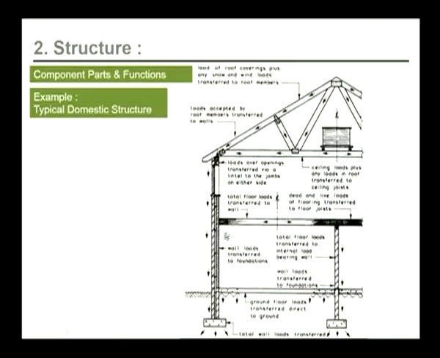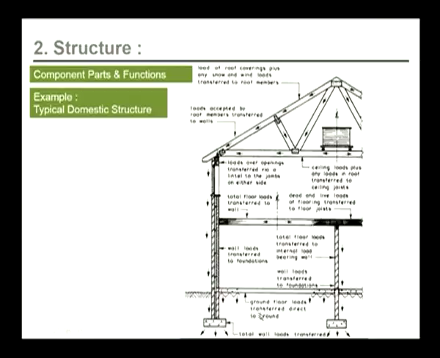After that, total floor loads are transferred to the wall. Dead and live loads of flooring are transferred to the floor joists. Further, these wall loads are transferred to the foundation. The total floor loads transferred to the internal load bearing wall are further transferred to the foundation.